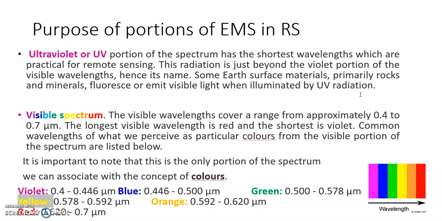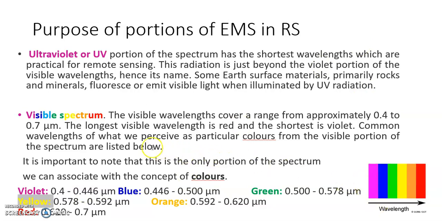Next is the visible spectrum. It starts from 0.4 and goes to 0.7 microns. The longest visible wavelength will obviously be on this side, the red one, and the shortest will be on this side, that is violet.